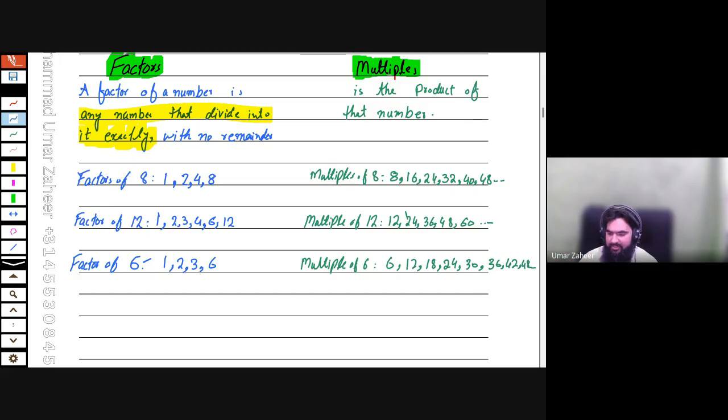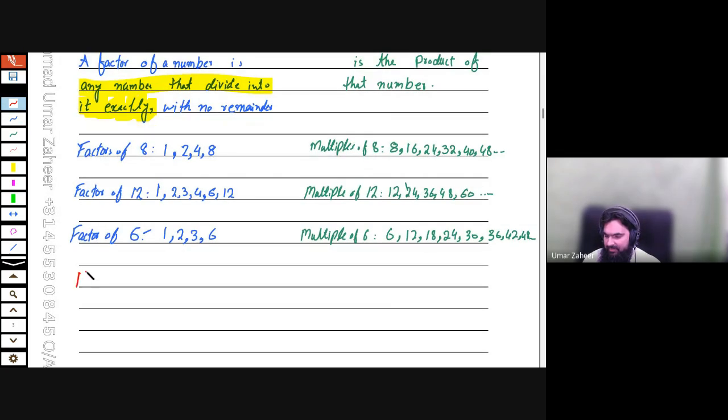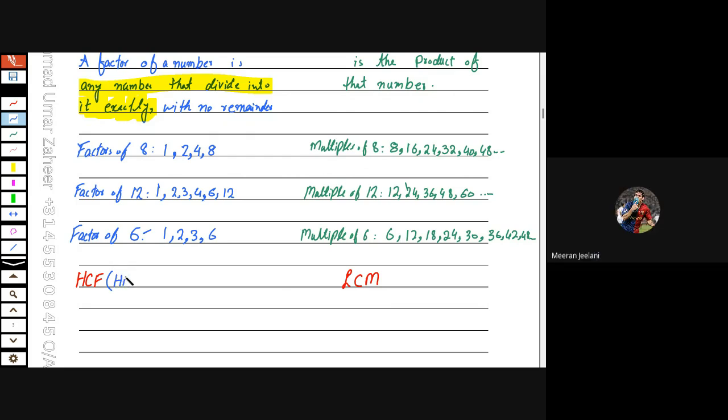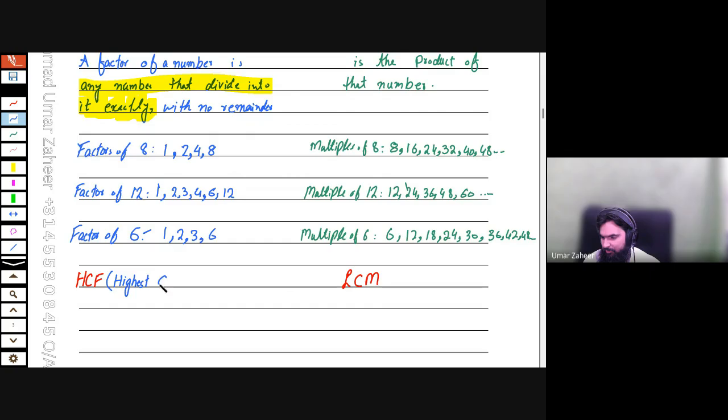Now we have a next concept, that is HCF and LCM. HCF stands for highest common factor of the numbers. Sir, high common factor. Highest common factor.